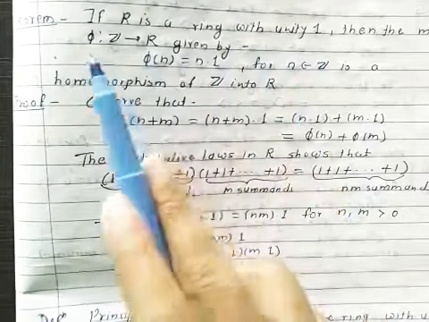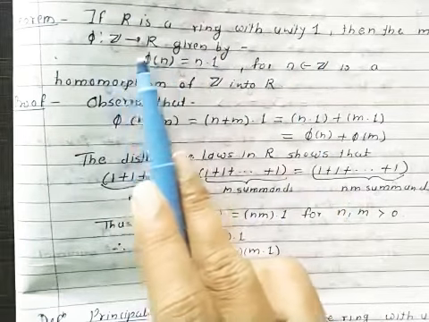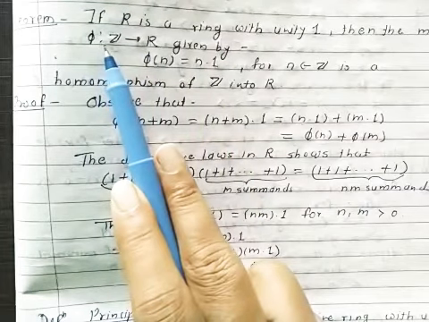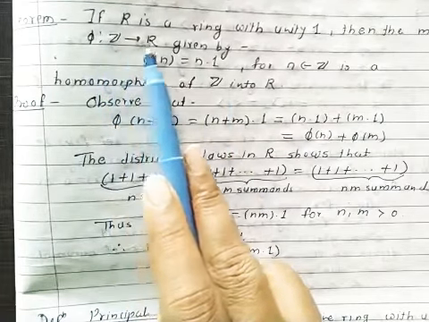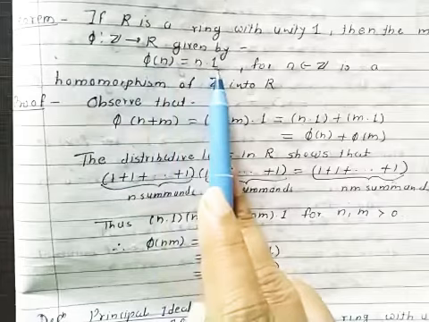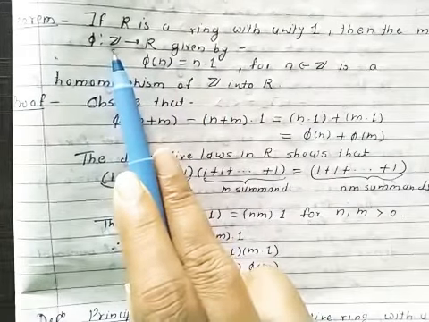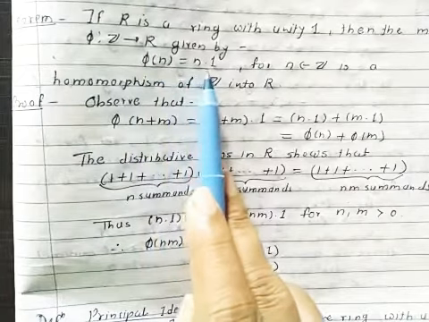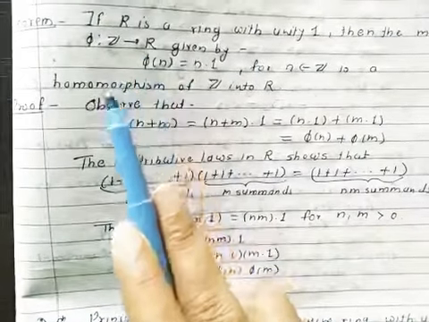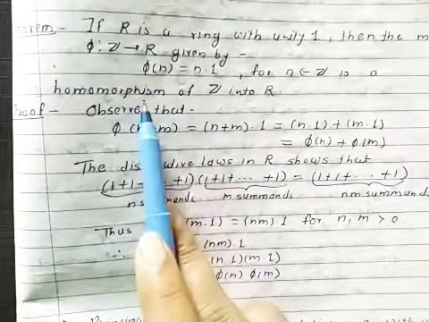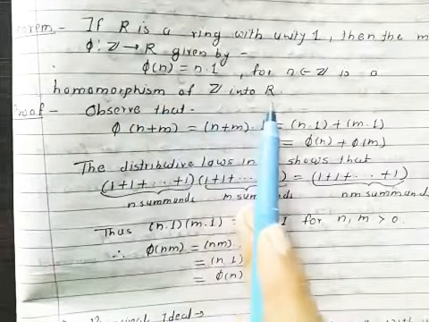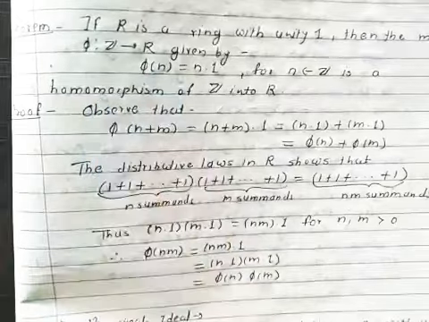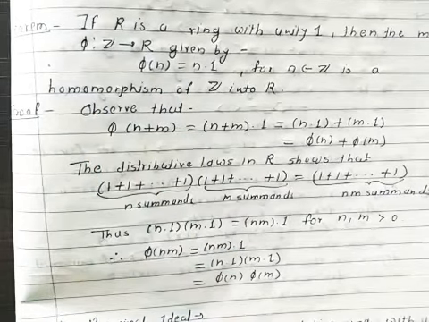The map is phi from Z to R, where Z is the set of integers. It is defined by phi of n equals n times 1, where n belongs to Z. This element belongs to the ring, and this will be a homomorphism of Z into R. We have seen the definition of homomorphism, so this map will satisfy that definition.